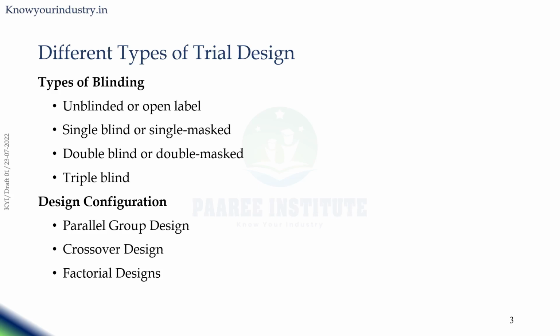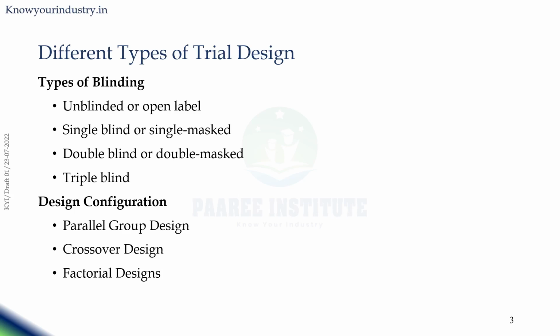Now it is the design configuration. There will be three design configurations. One is the parallel group design, where the treatments are assigned to different patients, for example, treatment A assigned to subject A or patient A and treatment B assigned to subject B or patient B, like that. So there will be different groups.